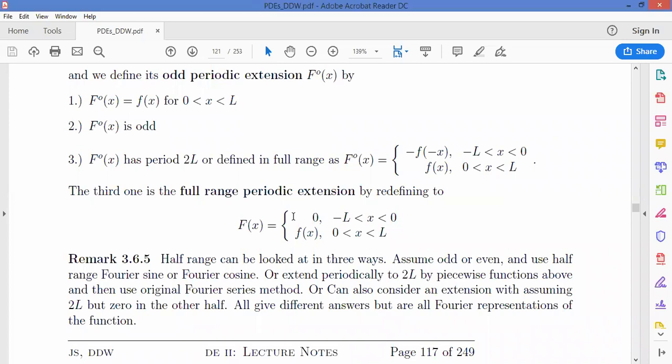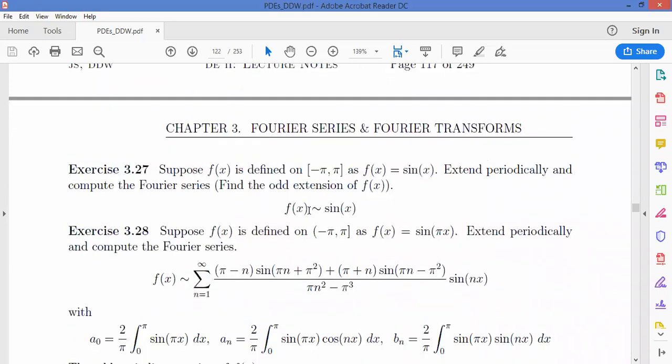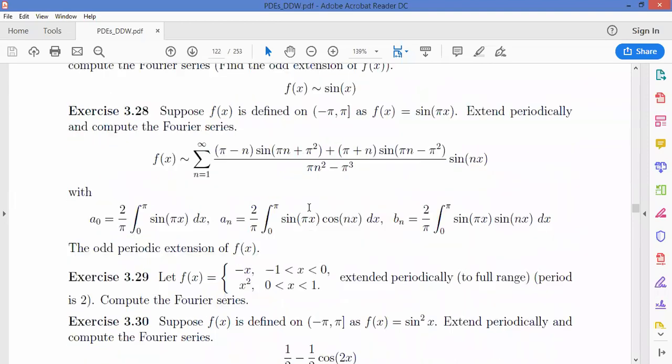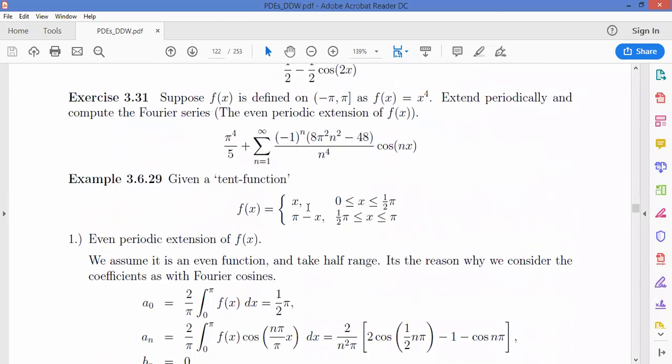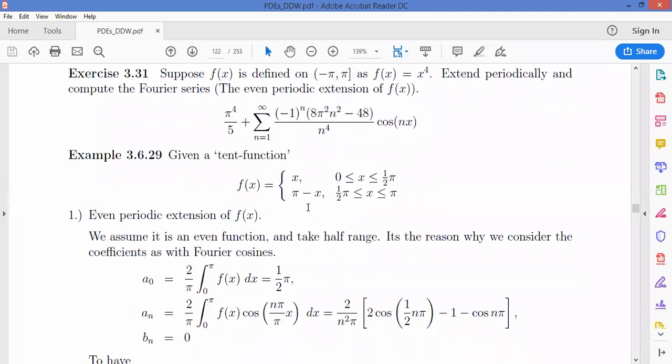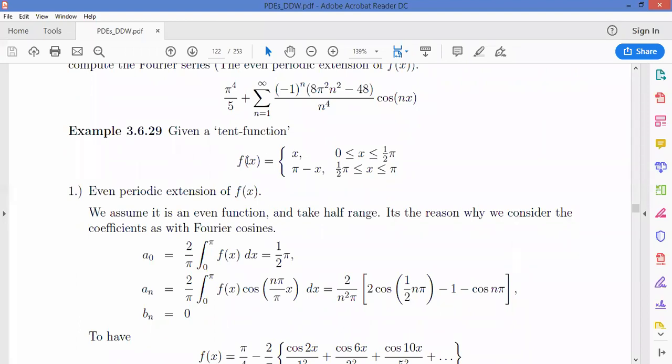So what I was saying is that you can go through all of these examples here. This is a tent function. These tent functions, you did them in dynamical systems. I remember you did those with Dr. Juliet Nakakawa.